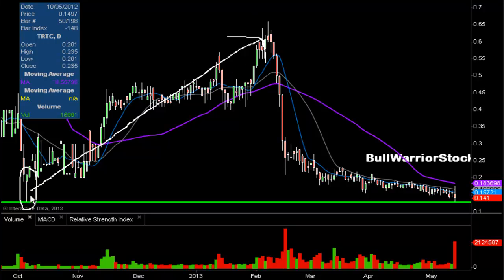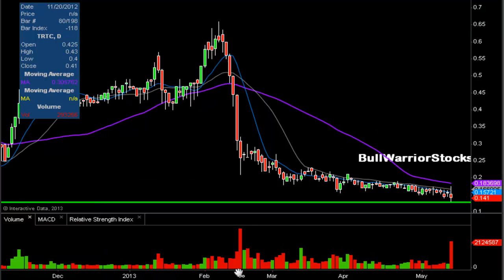You can see that the last time it did come down here and bounce off this 13-cent level, a nice move did follow. So that's something to at least make note of and keep in the back of your head. Again, we're going to zoom back in now, but remember this is where that green line's coming from, the low from back here on October 4th.